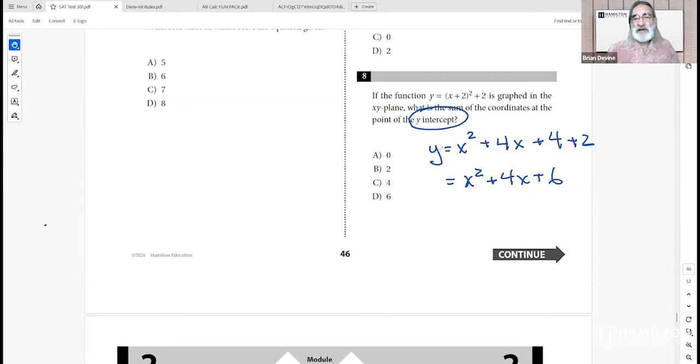And the y-intercept is when x equals 0. So I can see right away that the y-intercept would be at the point 0, 6. And 0 plus 6 is going to be 6. So D is the correct answer.